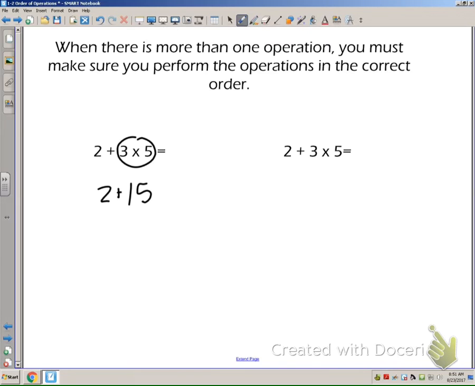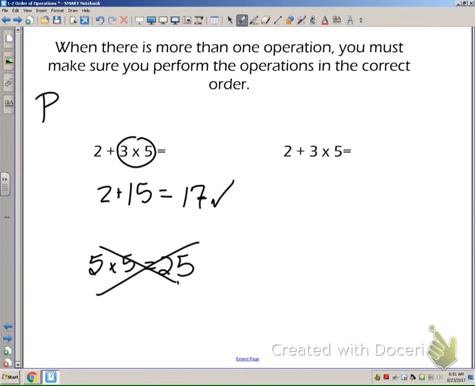Then add the 2, I get 17. If I just went in the order that it was written, I would say 2 plus 3 first is 5, then 5 times 5 is 25. Obviously I don't get the same answer both times, so this is not correct. This is the correct way to do it: we do multiplication first, then the addition.